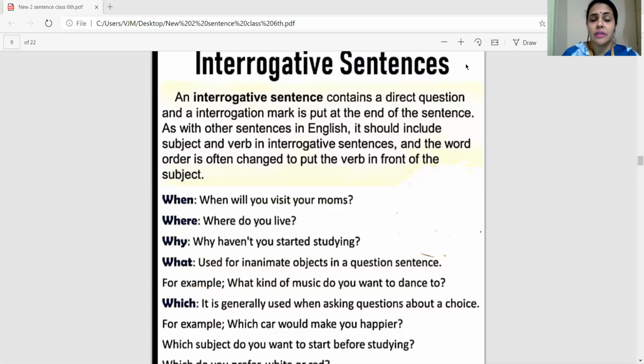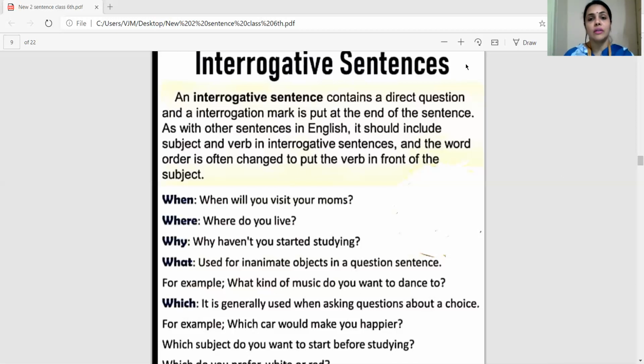So the interrogative sentence contains a direct question and an interrogation mark, which means, like we have seen in declarative sentences that end with a full stop, interrogative sentences end with a question mark.